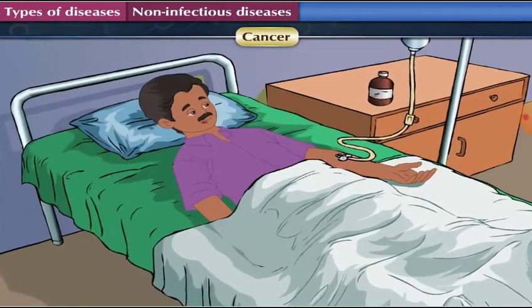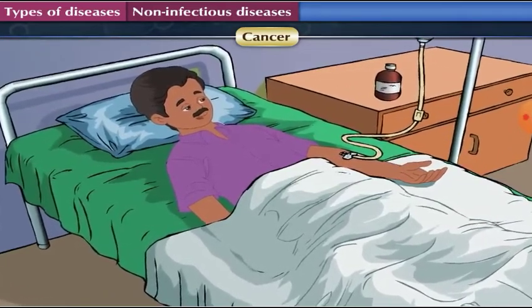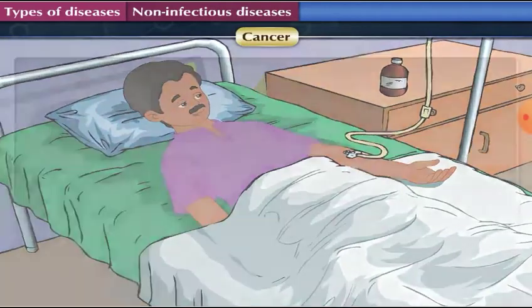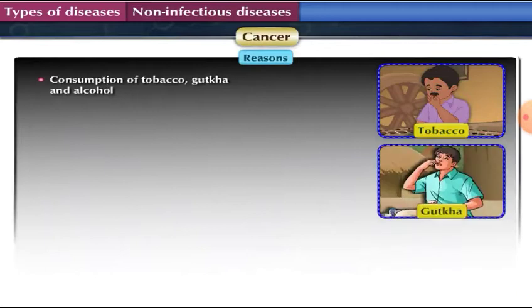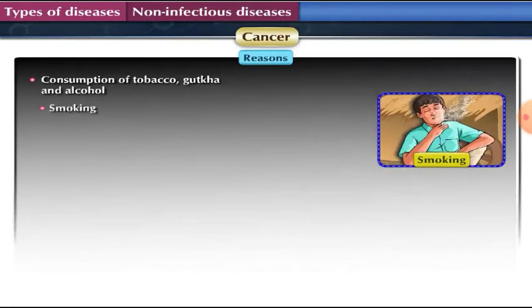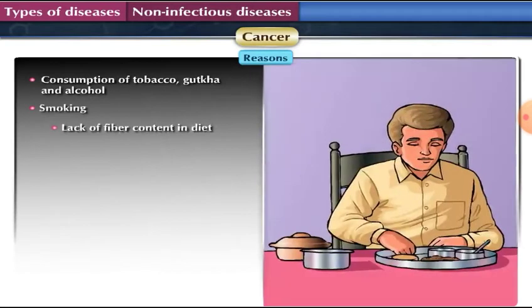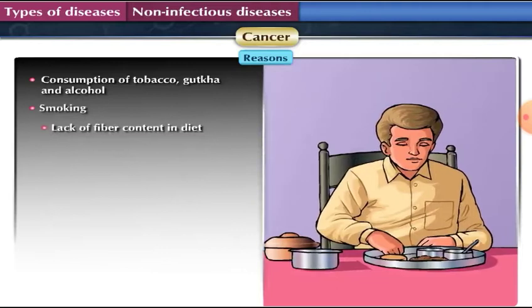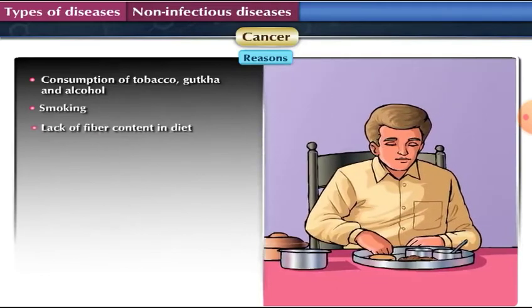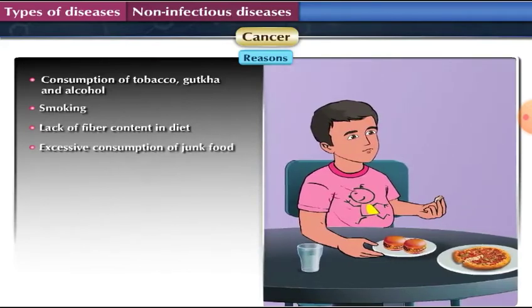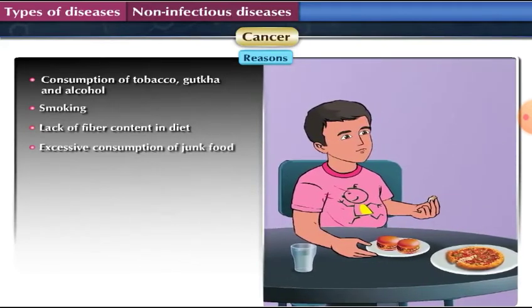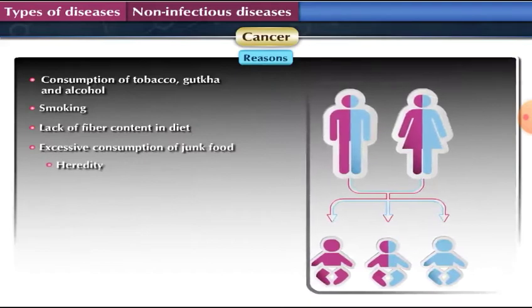There are many possible reasons which may induce cancer in human body. Some of them are consumption of tobacco, gutka, alcohol, smoking, lack of fiber content like fruits and leafy vegetables in diet, excessive consumption of junk food like pizza, burger, etc. Heredity may also be a reason.